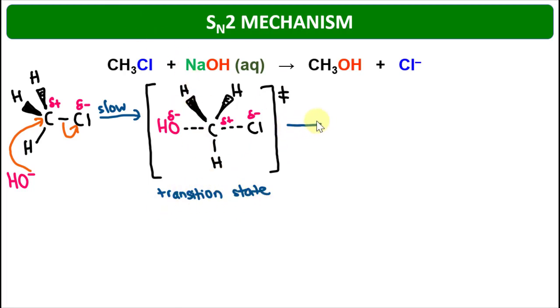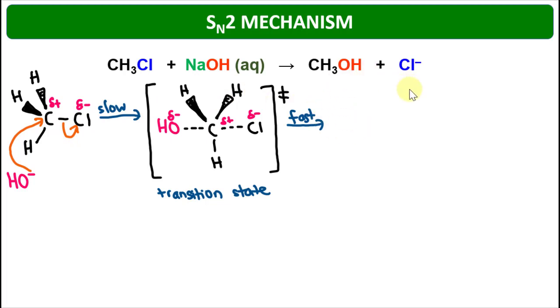And label our transition state. Then here we have a fast reaction where the product formed will be an inversion of configuration, since our nucleophile, the hydroxide ion, attacks the backside of the electron deficient carbon, which is the opposite side of our halogen atom.